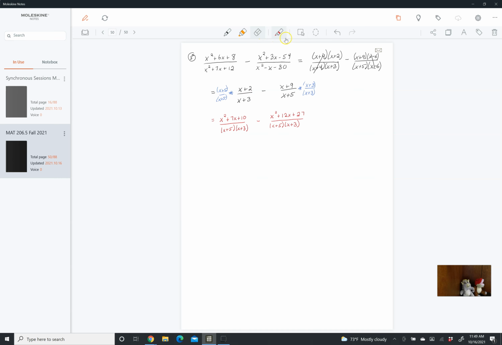And then don't forget what we have to do. This minus sign needs to be distributed to everything. Because you're subtracting that whole fraction, remember there are invisible parentheses around that numerator.